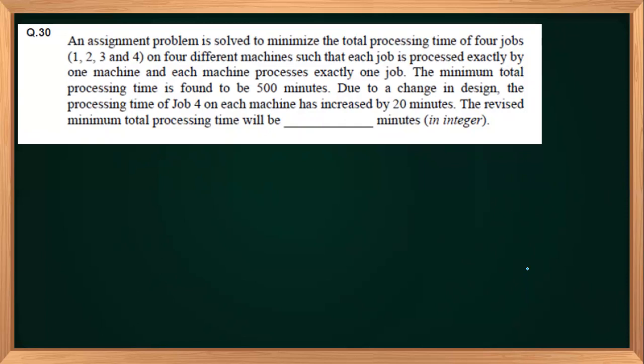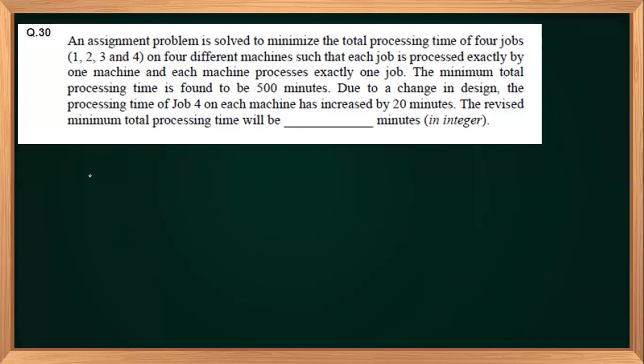The minimum total processing time, if I'm using the algorithm, is found to be 500 minutes. And due to change in design, the processing time of job 4 on each machine is increased by 20 minutes. The revised total minimal processing time is the question asked.